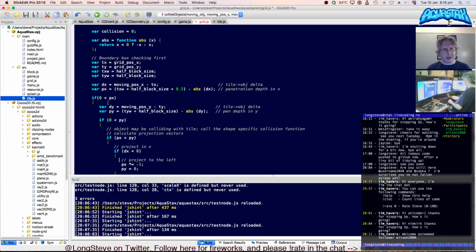If px and py... so it's basically if the separation of the two objects in x and y is less than 0, then they're overlapping.